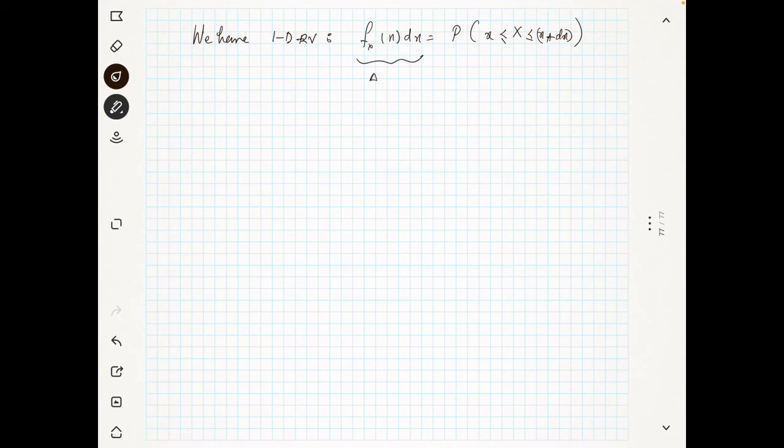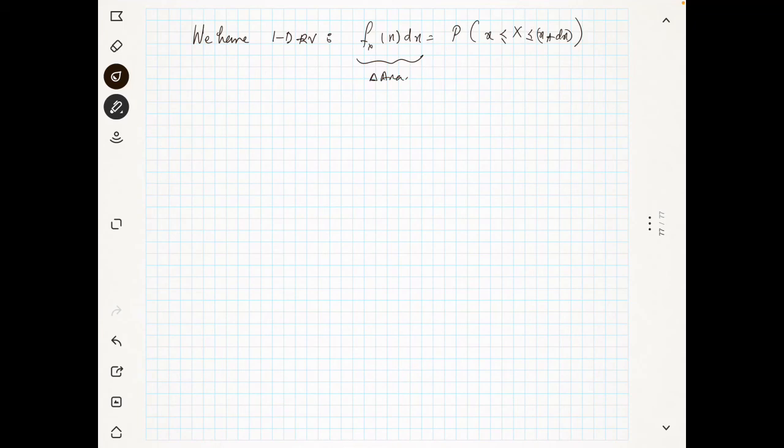Now, for the 1D random variable, we have fx of x into dx, which is nothing but the probability that X takes a value between x and x plus dx. That means the area under fx, a small delta area.